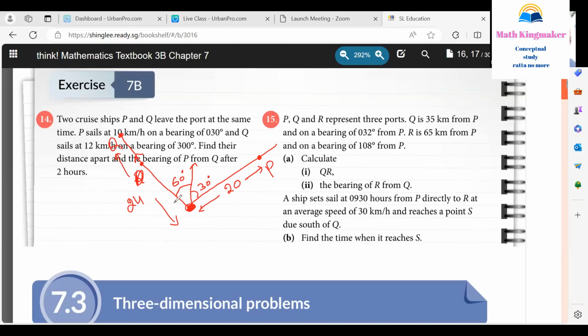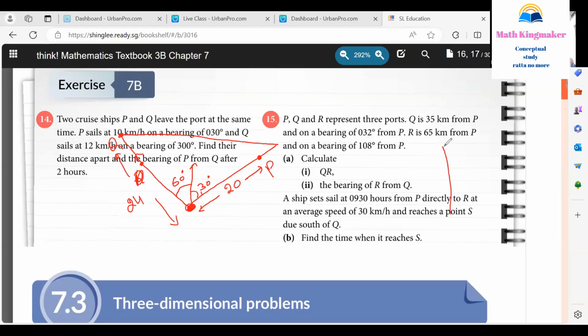Find the distance apart and the bearing of P from Q. Now this distance is to be found. That is very simple because it's a right angle triangle. You can use Pythagoras very well. This is a 90-degree angle here, so it's a right angle triangle.